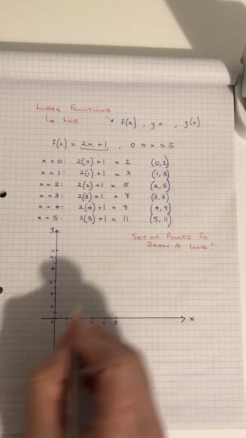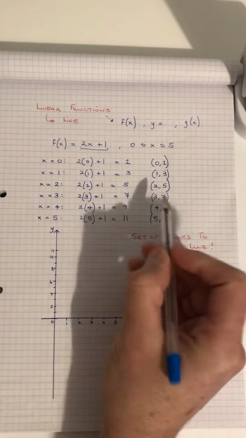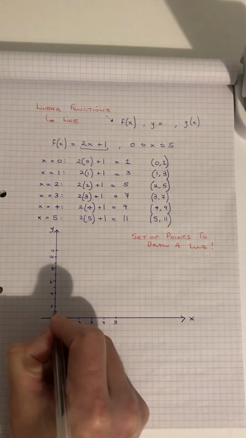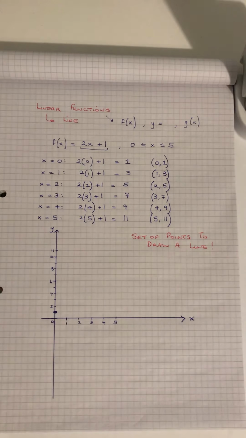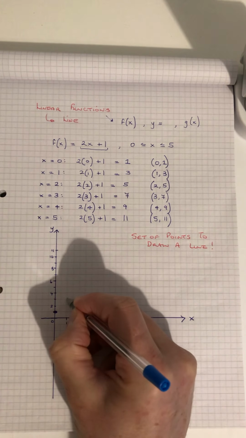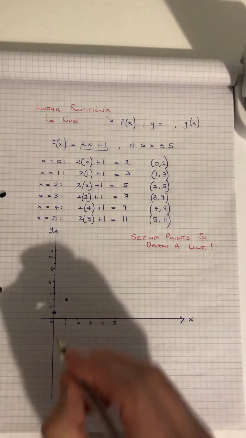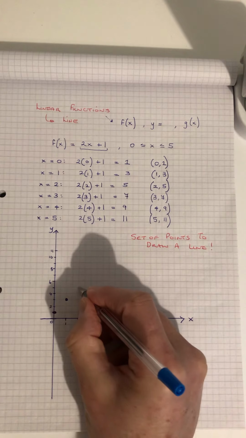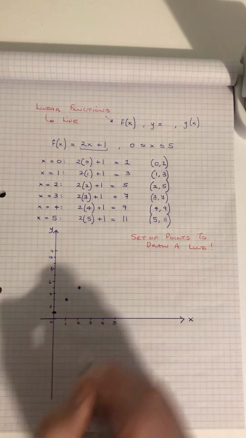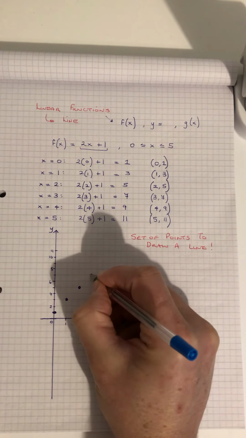So when x is 0, 0, 1. So 0 up to 1, and I put a dot. When x is 1, I go up as far as 3 and put a dot. When x is 2, 2 goes up to 5. When x is 3, goes up to 7.